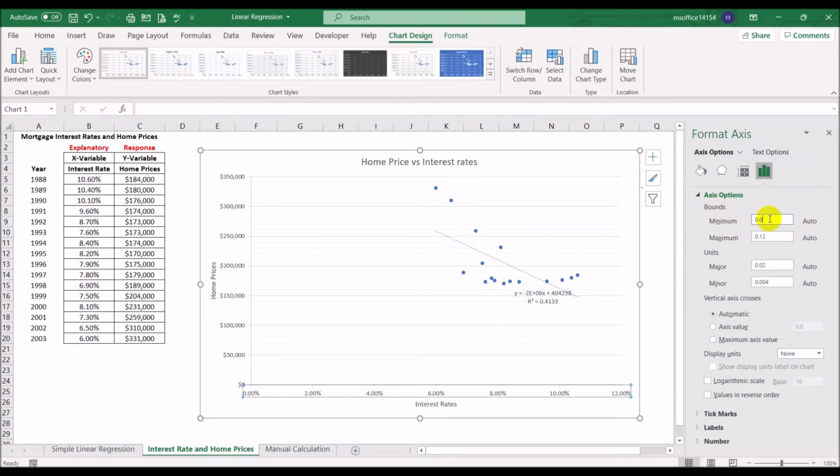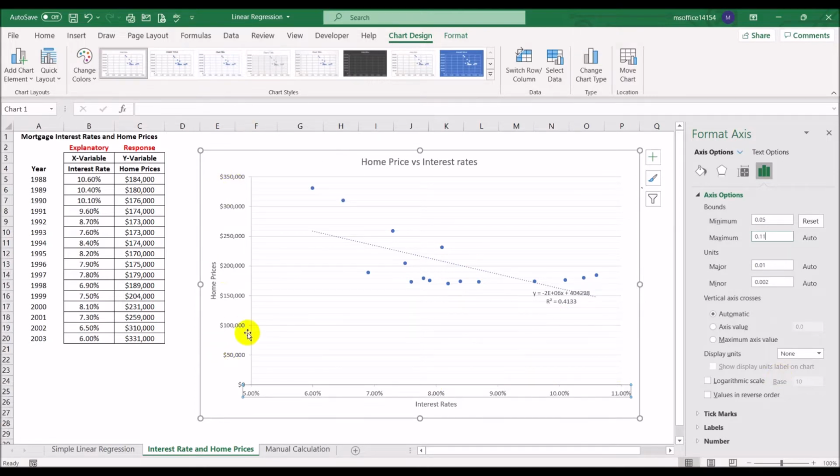Mind you, this is in percentages, so if you want to start from 5%, it should be 0.05. Now it's starting from 5% going all the way up to about 11%, because 10.6 is the highest. So we've got the x-axis sorted out.